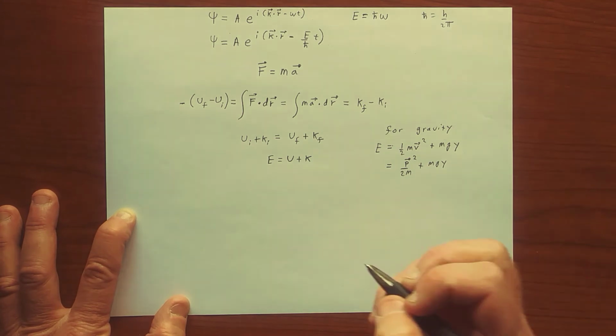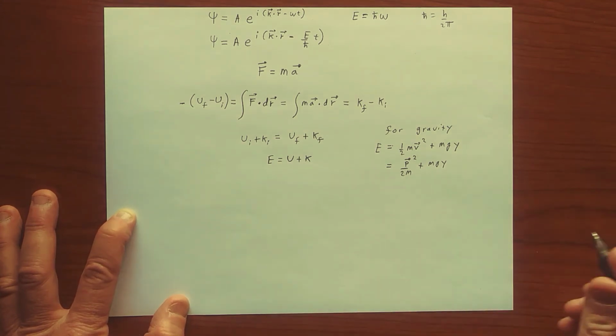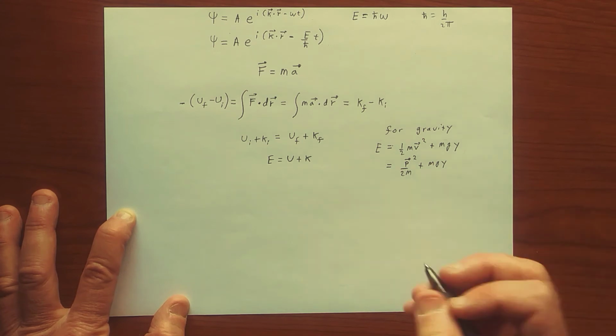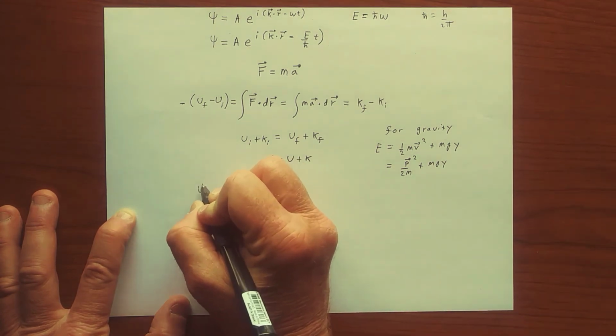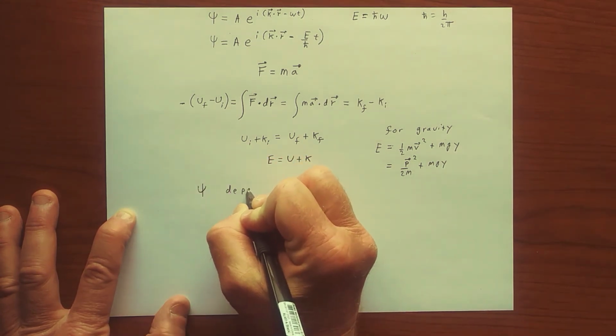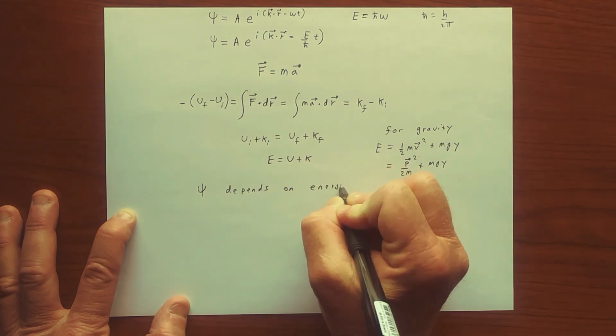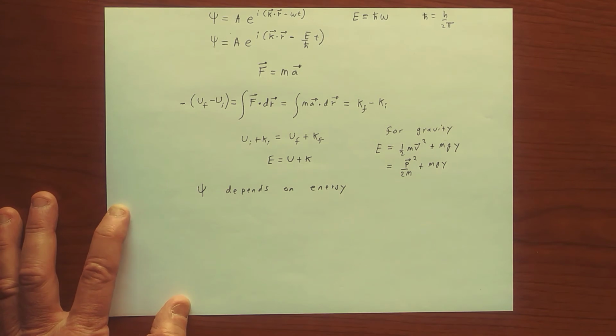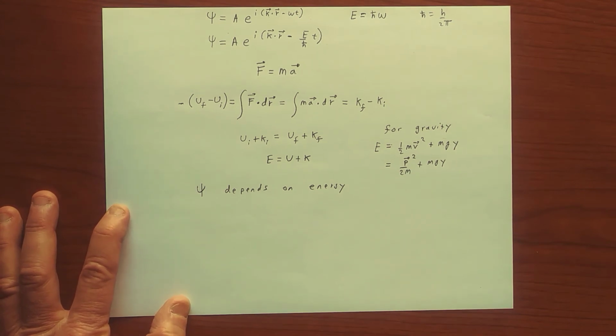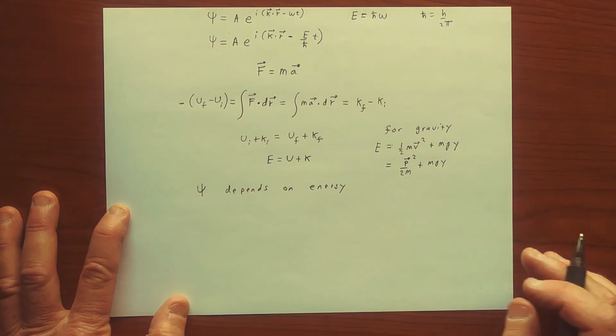The same thing applies for our particle in the double slit experiment. So psi depends on energy, so energy constrains this psi. We just put energy into the psi equation, into the wave equation. So the total energy, in some sense, informs psi.